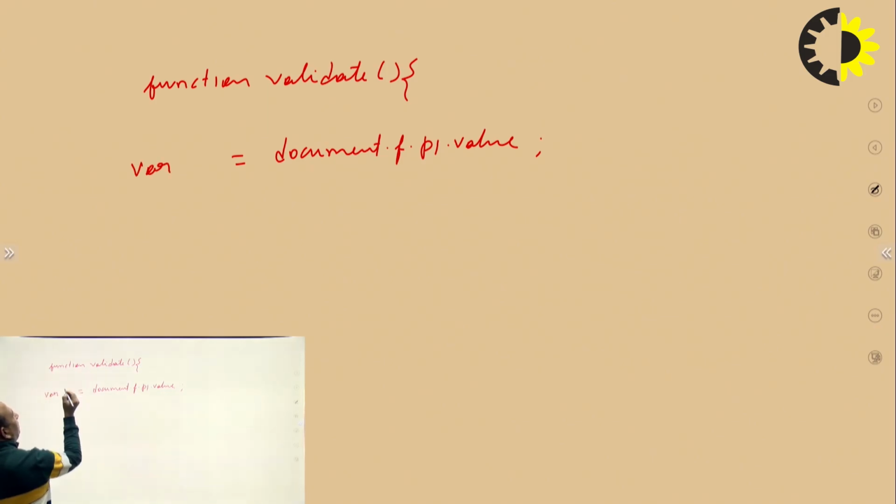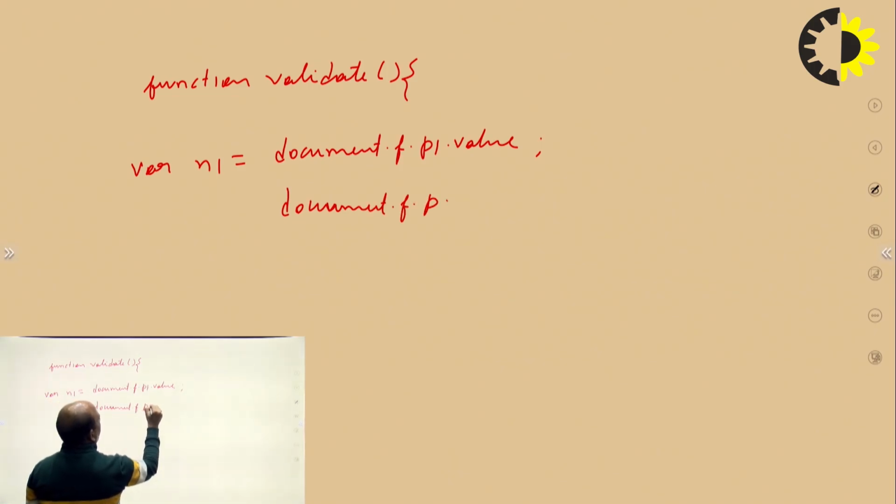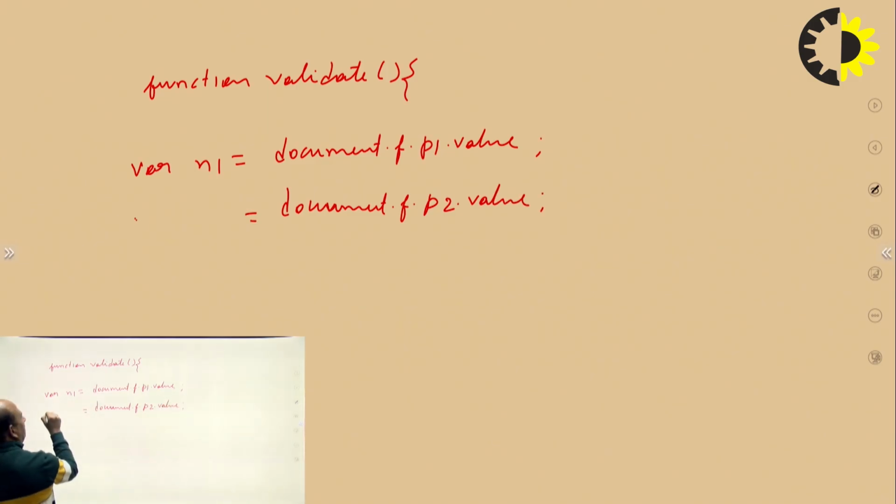Let's say variable is n1. Similarly, we will access the value entered in document.f.P2.value. Both field values I am accessing and I am storing it in a variable n2.